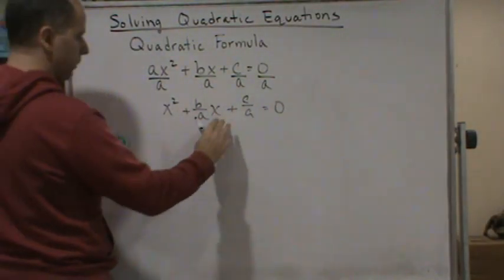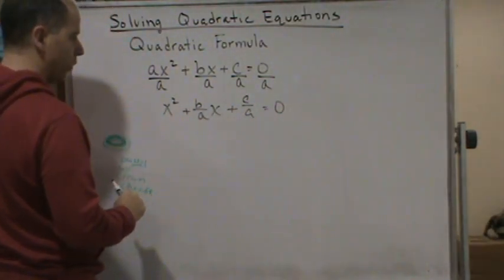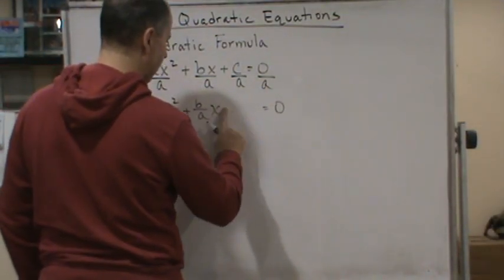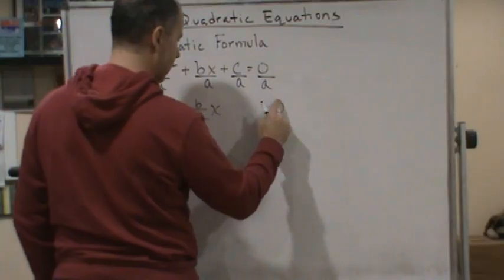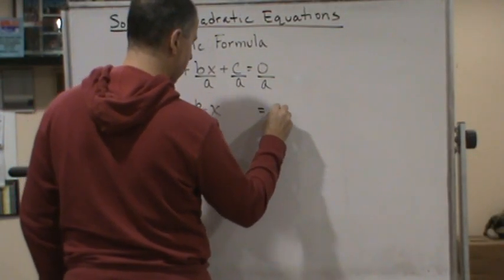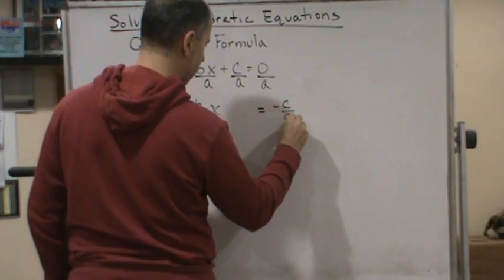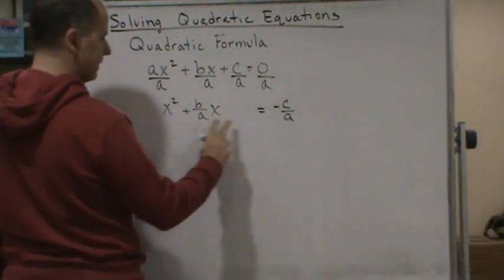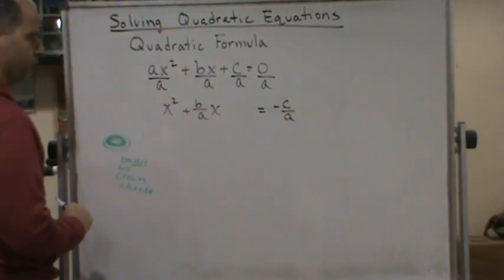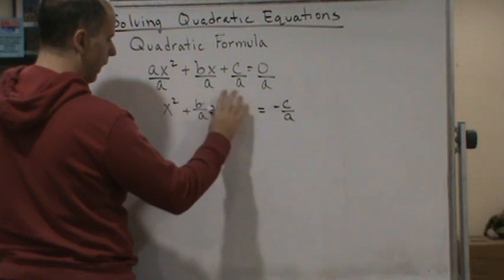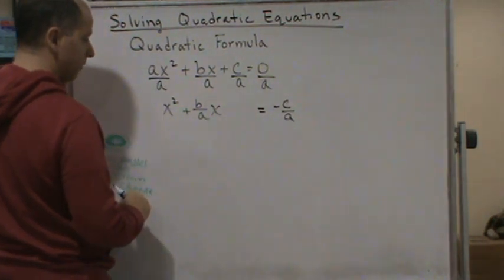And now I'm going to subtract c over a from both sides. So if I do that, I get negative c over a. So this is equal to negative c over a. Okay? Now I'm going to complete the square on this side, right?